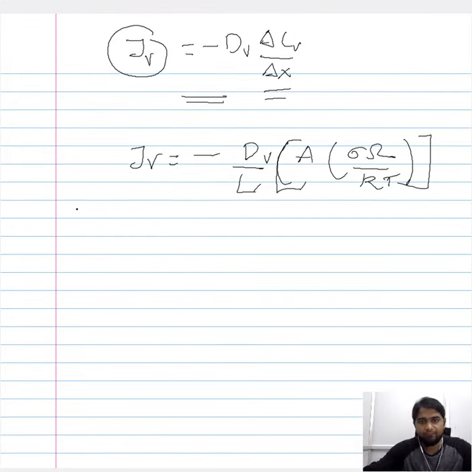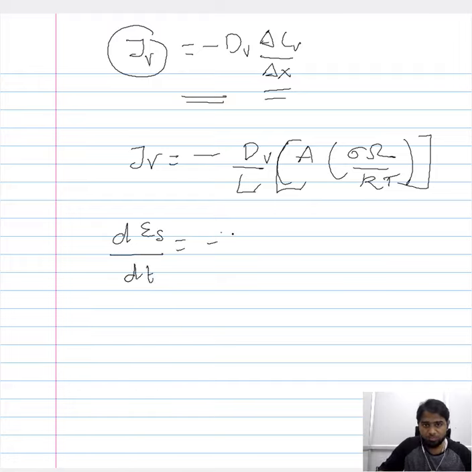Now, the way one can relate the steady state creep rate to the flux of the vacancies is something like this: 1 by L of G V R. This is the way we can relate the steady state creep rate to the flux of vacancies.